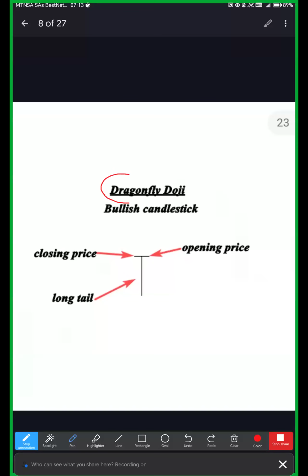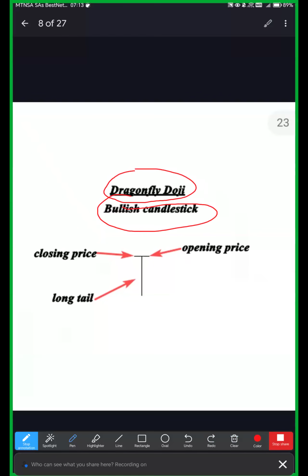One is called a Dragonfly doji, which is a bullish candlestick chart pattern. If it is a bullish candlestick chart pattern, obviously the location is going to be at the bottom of the downtrend, because it signifies the market changing direction to the upper side.